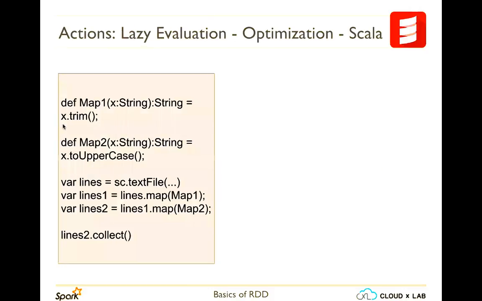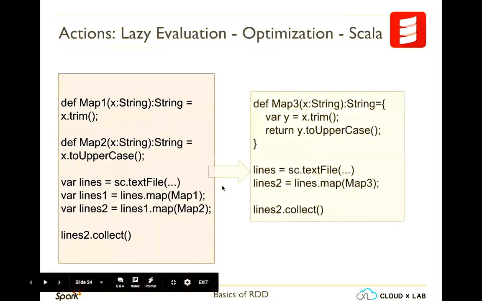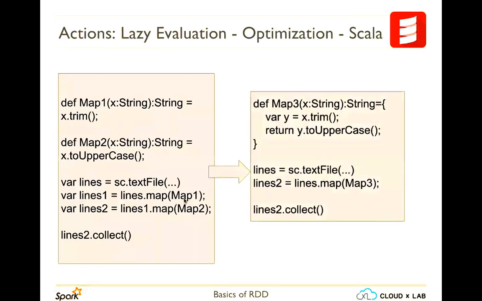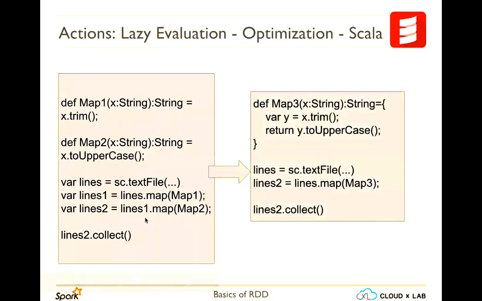Let me show you a good example. So imagine that you have two map functions, map1 and map2, which are being executed here. And then we are collecting, right? So this will be optimized because when you call collect, it knows the graph.